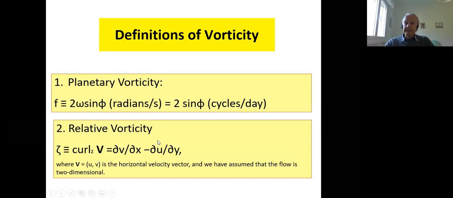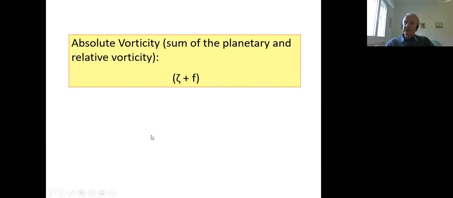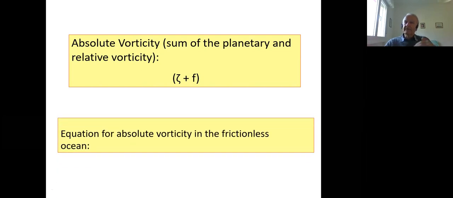And we assume that the flow is two-dimensional. So we have the planetary and relative vorticity, and then we have absolute vorticity, which is the sum of the planetary and relative vorticity. We'll be coming back to this vorticity in a number of situations, so don't worry if you have some problems in this very beginning.